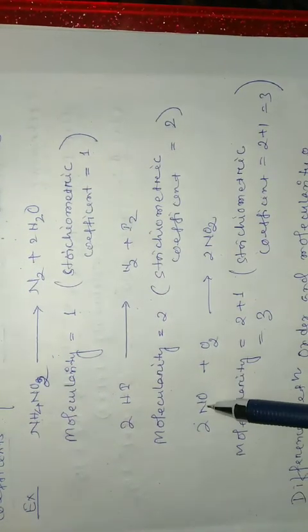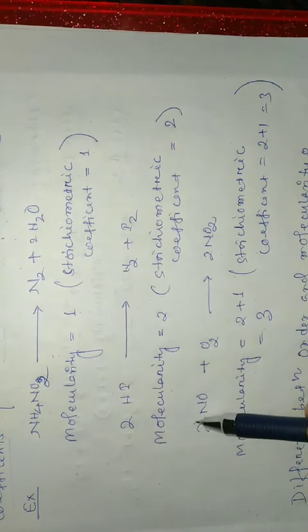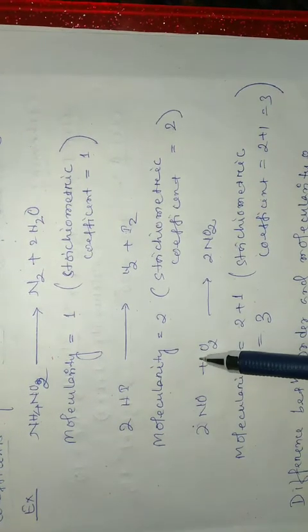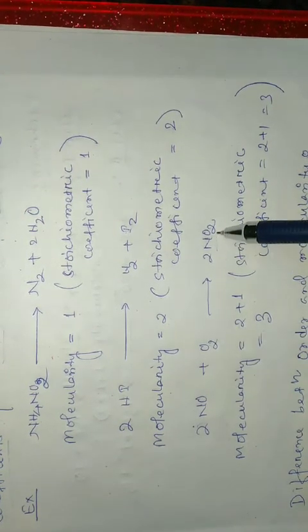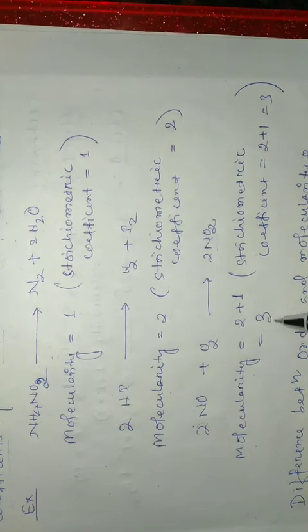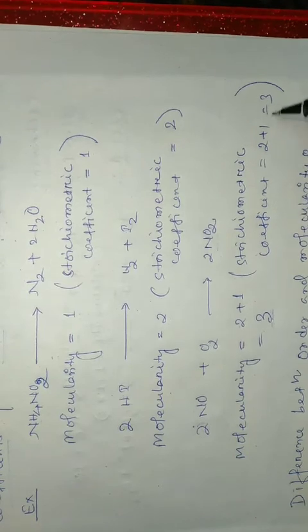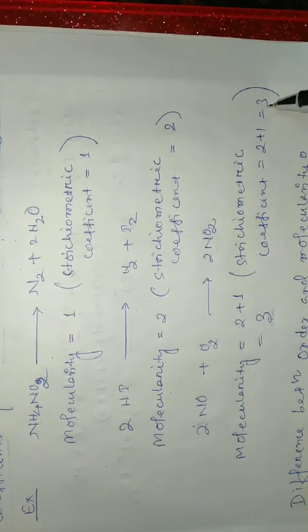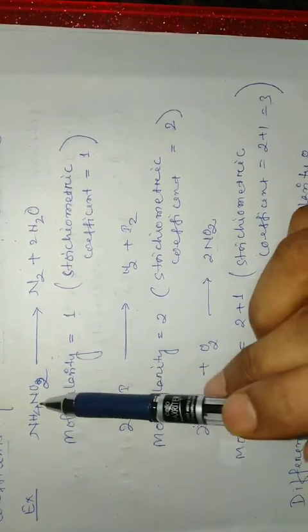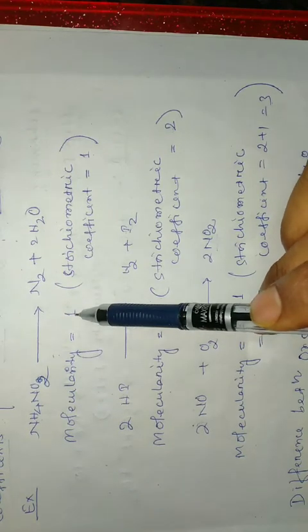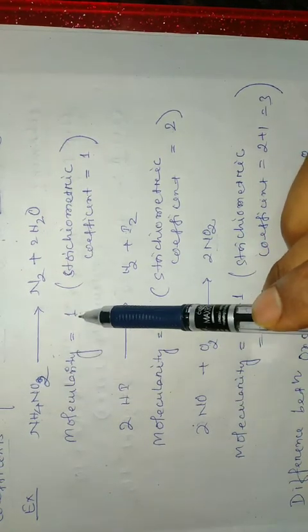Similarly, nitric oxide reacts with oxygen. 2 moles of nitric oxide react with 1 mole of oxygen to produce nitrogen dioxide. So 2 plus 1, what is the molecularity of this reaction? 3. And the stoichiometric coefficient for this reaction is also equal to 3. So when the molecularity of a reaction is equal to 1, that reaction is called a unimolecular reaction.